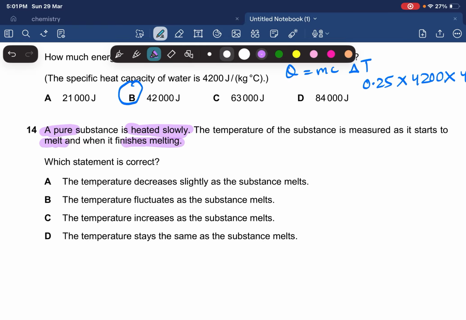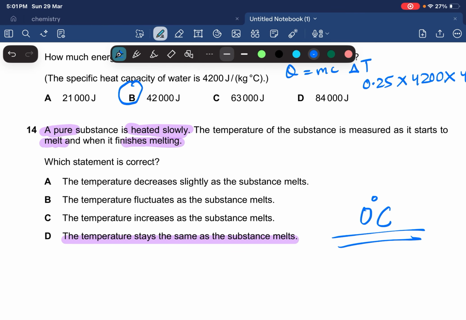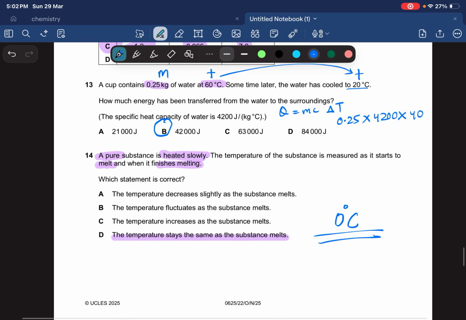The temperature remains the same as the substance melts. Pure substances melt, boil, freeze at the same temperatures. So during the time pure ice is melting, the temperature remains 0 degrees Celsius. It doesn't increase, it doesn't decrease. Gotta remember this. Got it?